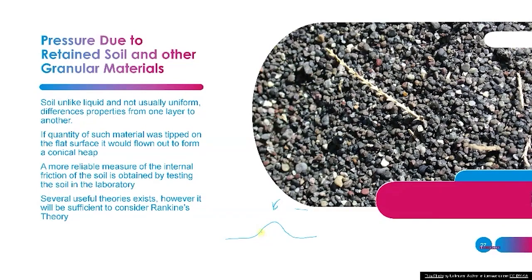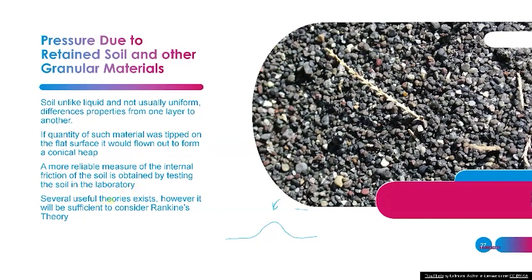Dia ada different texture. Dia berlekuk-lekuk, bersegi-segi, different shape and texture. Dia akan provide friction resistance pada the soil itself. Because dia ada surface resistance, kan? There is a friction. How are you going to measure it? Nak more reliable dekat dalam lab lah.